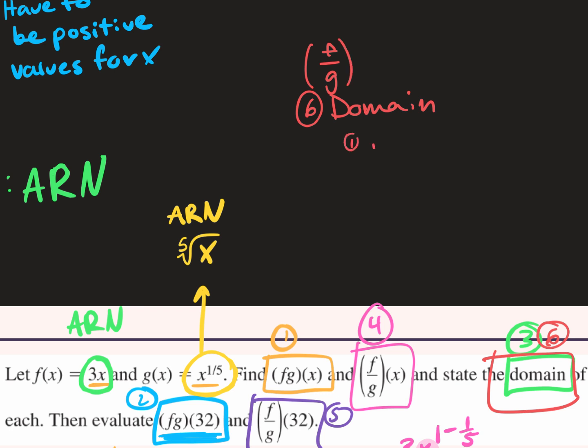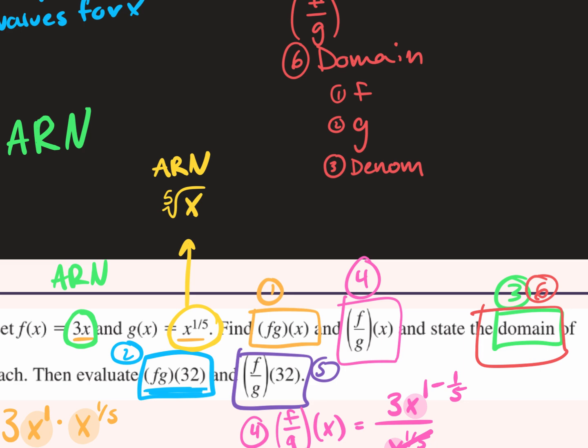We have to check the domain of f, we have to check the domain of g, and we have to check the denominator. Because what can the denominator not be? 0. Well, we already found the domain of f. What did we say that was? All real numbers. So all real numbers. What was the domain of g?